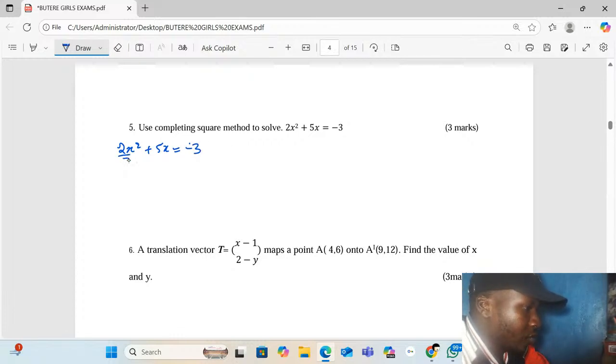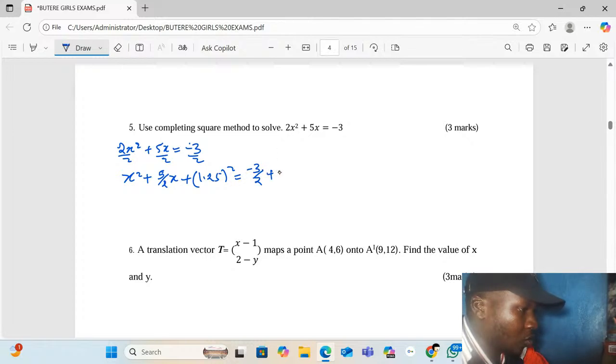So we divide by 2, divide by 2, divide by 2, so that we have x squared plus 5 over 2 x, now plus 1.25 squared is equal to negative 3 over 2 plus 1.25 squared.